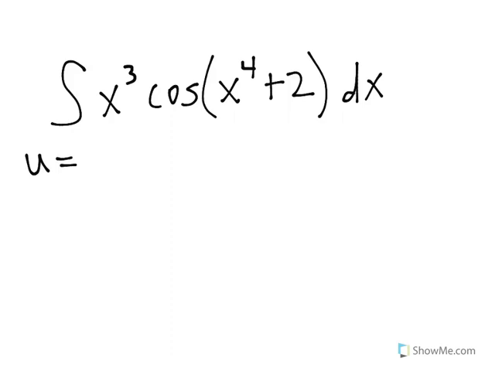Now this one's a little bit different because the derivative of x to the fourth plus 2 is 4x to the third. So you might say, do we have a 4x to the third showing up on the outside? Not quite, not exactly. We have an x to the third, but not the 4x to the third.